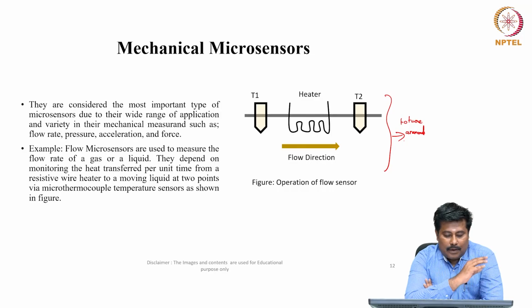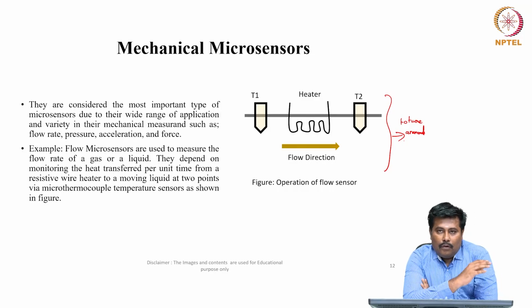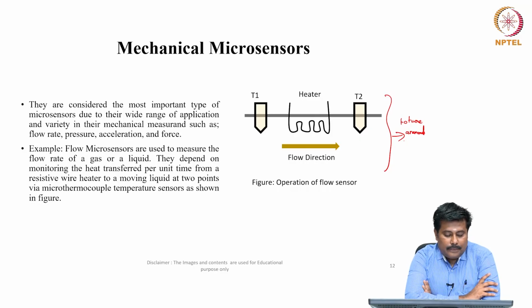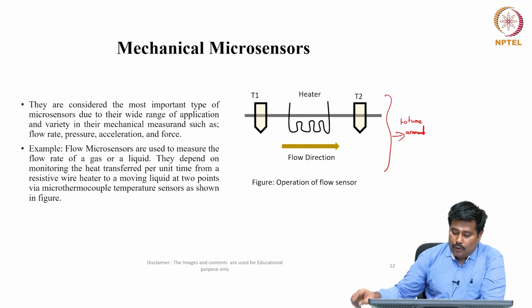Let us take the example of flow microsensors. These are used to measure the flow rate of a gas or a liquid. They depend on monitoring the heat transferred per unit time from a resistive wire heater to a moving liquid at 2 points via a microthermocouple temperature sensor, as shown over here.